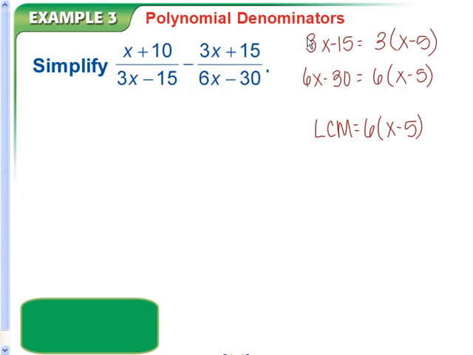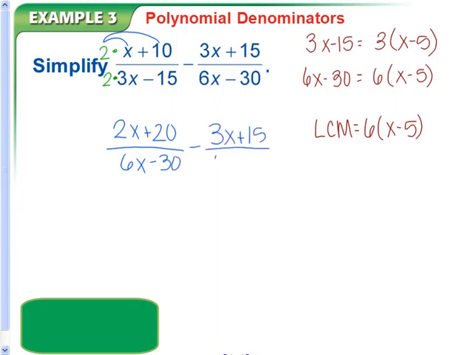So all we need to do is take this first fraction and multiply it by 2, and then it'll match the second fraction. So we get 2x plus 20, make sure you distribute that in, over 6x minus 30, minus 3x plus 15 over 6x minus 30.